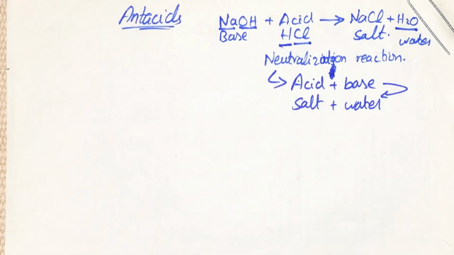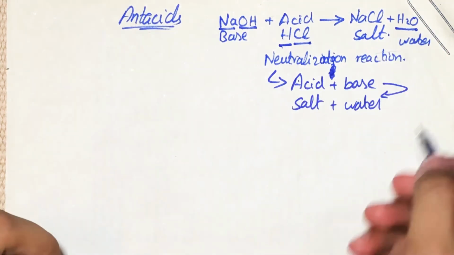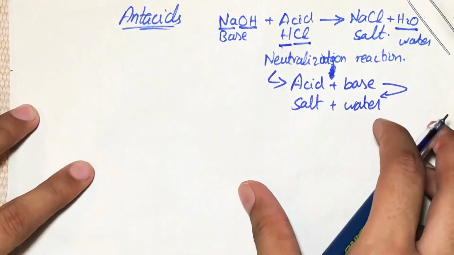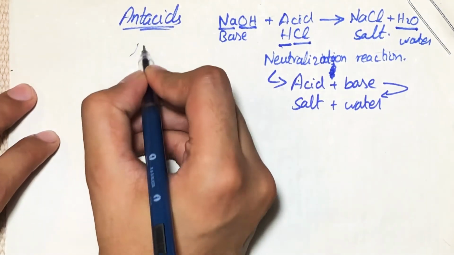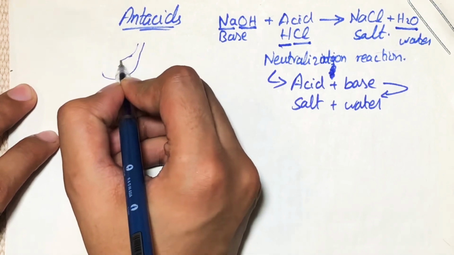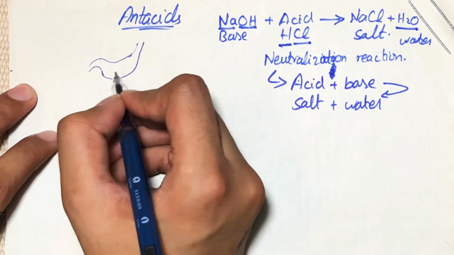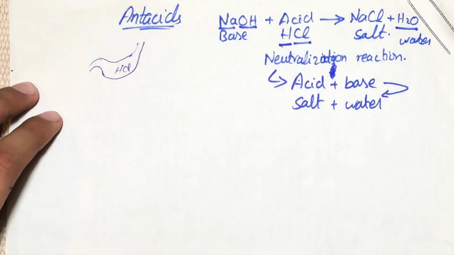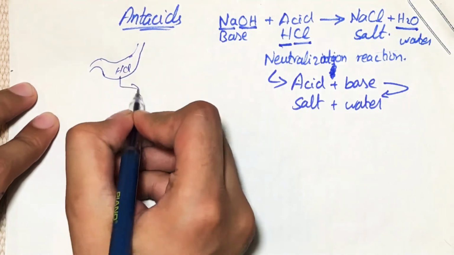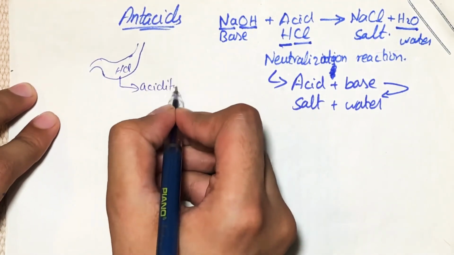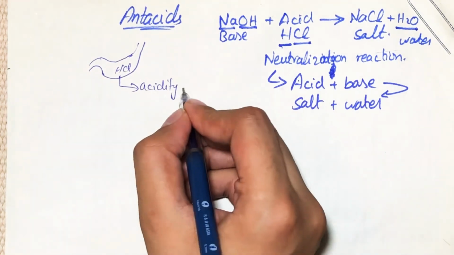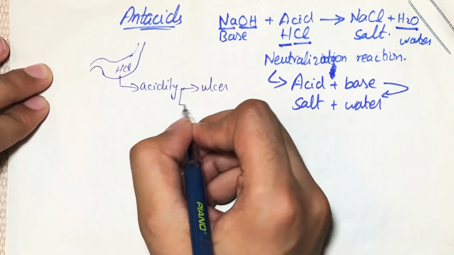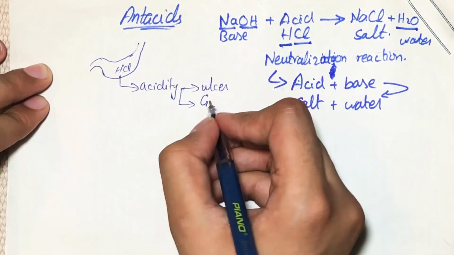So what was the purpose behind telling you about the neutralization reaction? The purpose was that in our stomach there is secretion of HCl, but when there is excess secretion of HCl, it can cause acidity, which can lead to further complications like ulcer or gastroesophageal reflux disease.